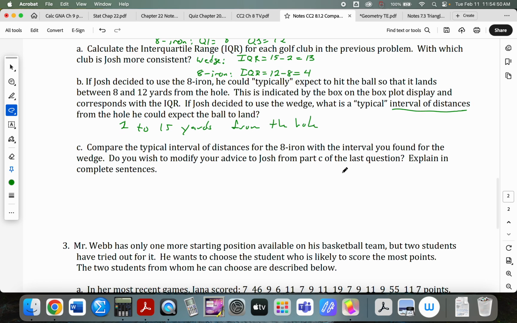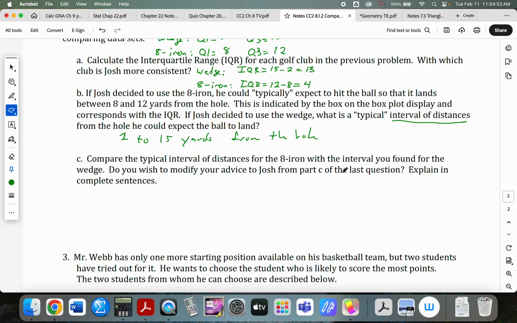And we've actually kind of already answered part C. If we look at the intervals, do you want to modify the advice? Well, the advice we said is it depends. Do you want to be consistent, or do you want to get really close to the hole?